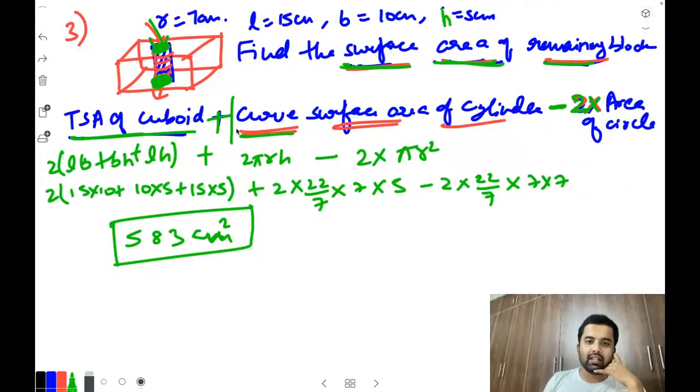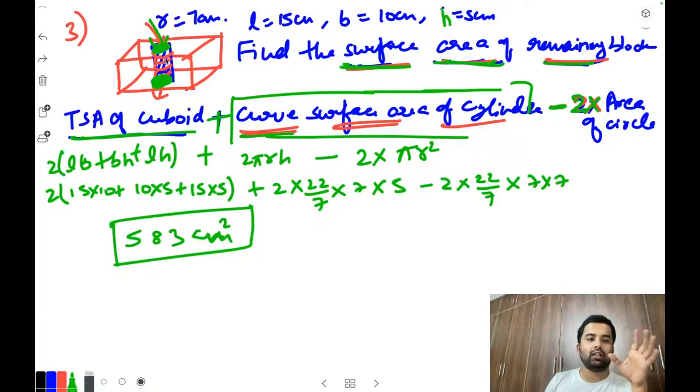If you are not adding this part, you are only figuring out the TSA of the cuboid without this blue color, the whole inside.